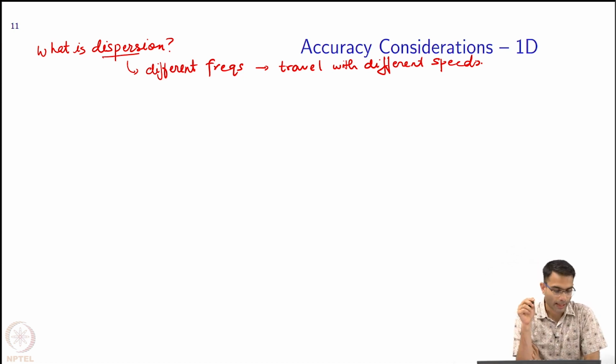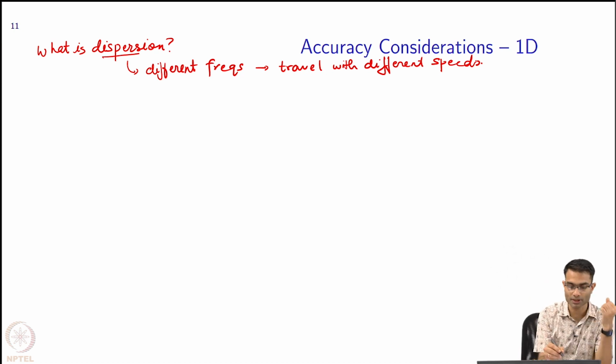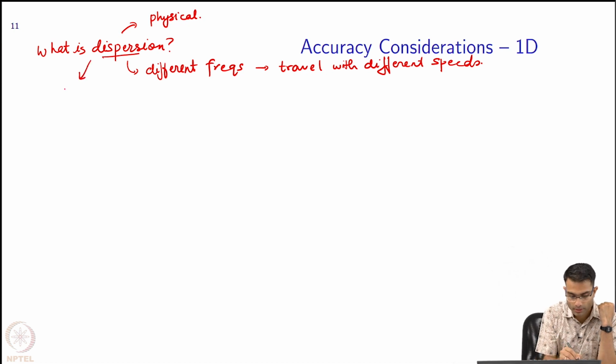Okay. Can there be dispersion numerically? It could happen, right? So, one is physical dispersion. The other is numerical.